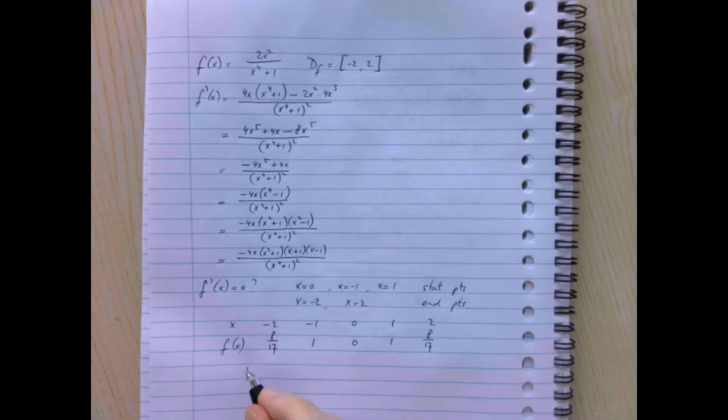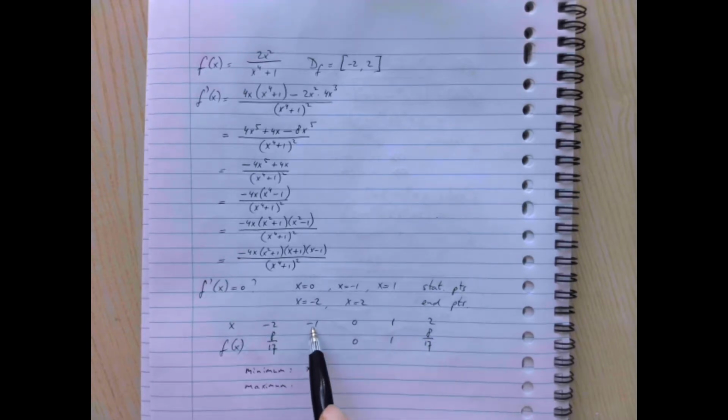So now we're there. There are 5 candidate points for the maximum and minimum. We figured out the function values at each of these candidates, and the only thing that we need to check is which of these are the highest and which are the lowest. So clearly 0 is the lowest value that we can attain, so 0 is going to be the minimum. The minimum occurs at x equals 0.